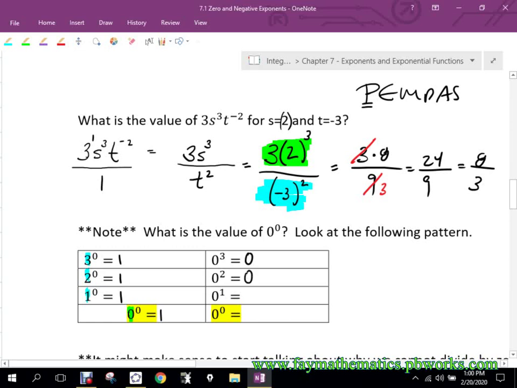What do you get if you take 0 to the first power? 0. Okay, so we've established a pattern based on the left-hand side of these equations, and each one of these is giving me 0 as a result, right? So what do you think you should get based on that pattern? What do you think you should get right here? You think you should get 0.